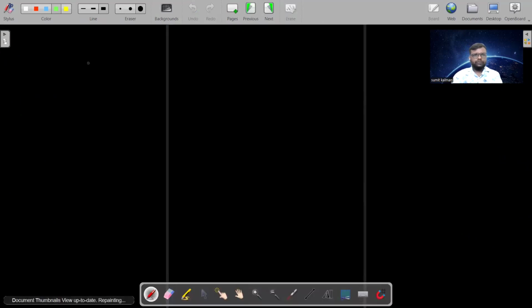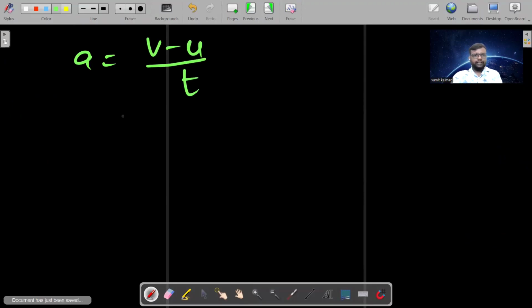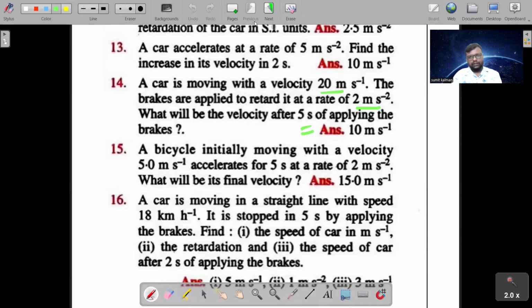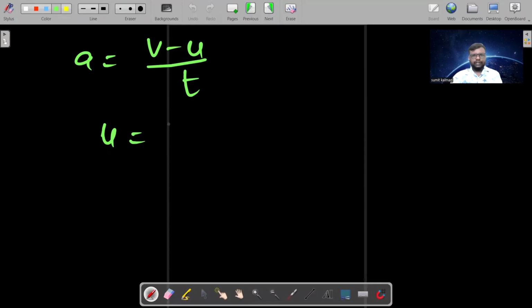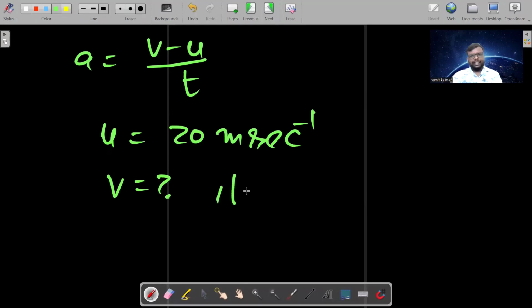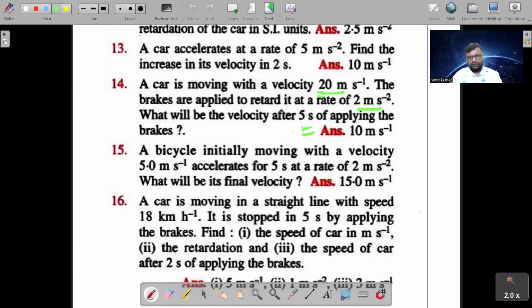So A is equal to V minus U upon T. Initial velocity is how much? 20 meter per second. This is the initial velocity, and the final velocity you have to calculate. Time is 5 seconds.